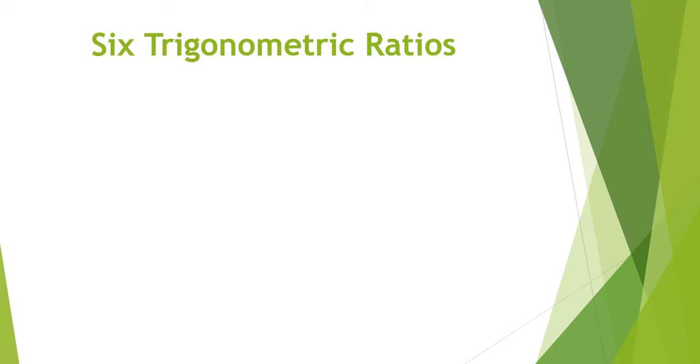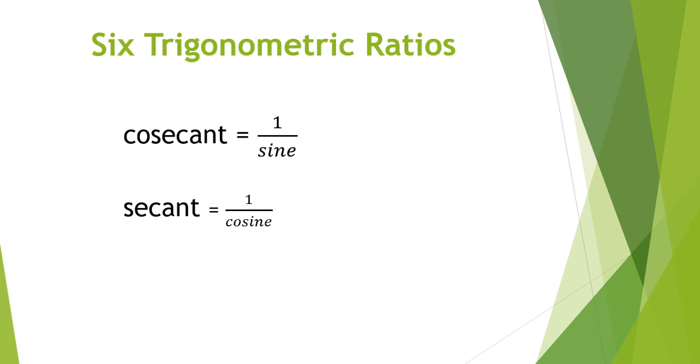This time, we are going to find the other three trigonometric ratios. For me, the easiest way to find the other three is to find first the basic trigonometric ratios, so we need to find first the sine, the cosine, and the tangent and get their reciprocals. So cosecant is equivalent to 1 over sine, while secant is equal to 1 over cosine, and cotangent is equal to 1 over tangent.